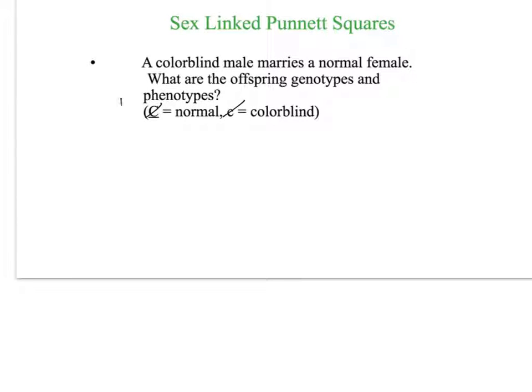I'm going to use B. So, a colorblind male must have the recessive allele for colorblindness, and he only has one X, so that's his genotype. He marries a normal female, so we're assuming that she's homozygous with the normal allele for color vision.